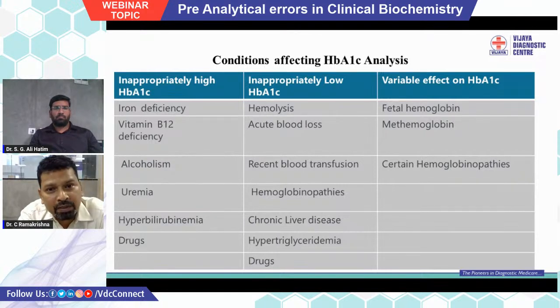And inappropriately low HbA1c levels are seen in hemolysis, acute blood loss, blood transfusion, hemoglobinopathies, chronic liver disease, and hypertriglyceridemia. Whereas variable effect is seen in fetal hemoglobin, methemoglobin, and certain hemoglobinopathies.